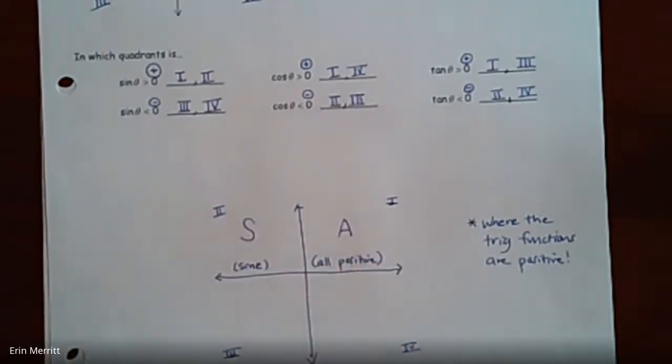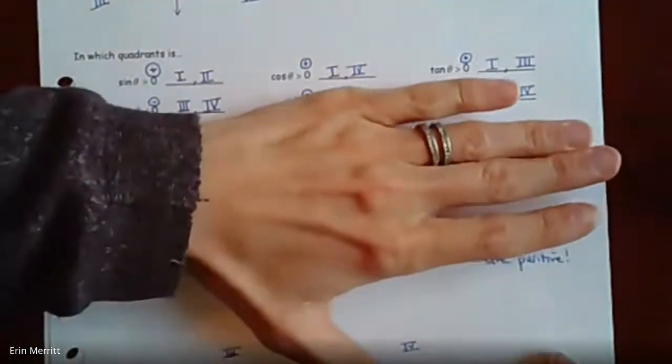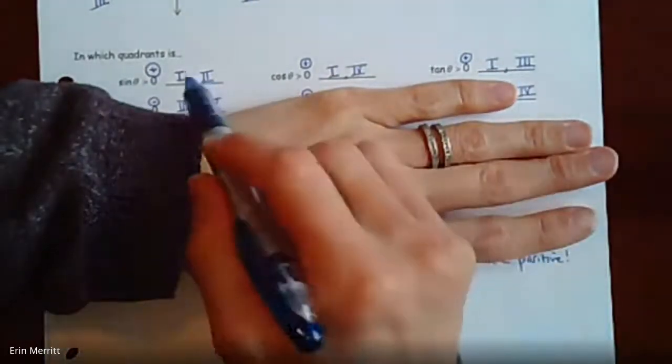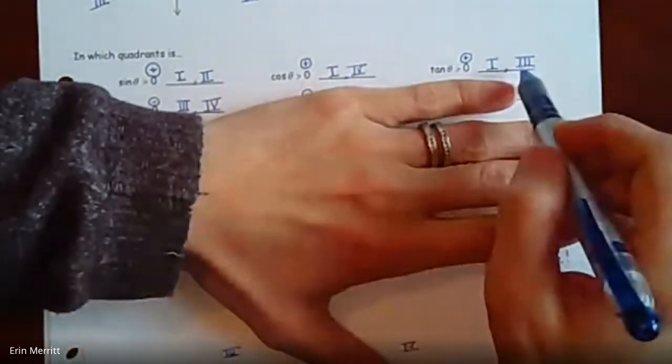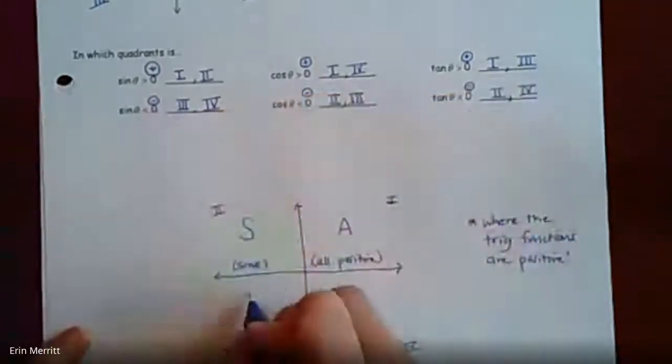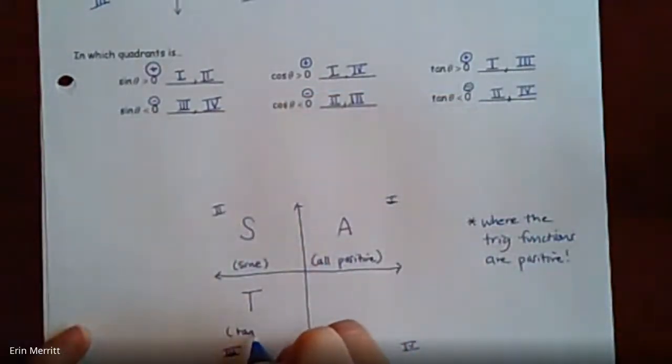All right, take a look at quadrant 3. Again, just focus on that top row. What's positive? Definitely not sine, not cosine. Here we go, just tangent. So I'm going to put a T for just tangent here. And then the last one, you probably figured it out already, but the only thing positive in quadrant 4 is cosine. So we're going to put a C there to represent cosine.